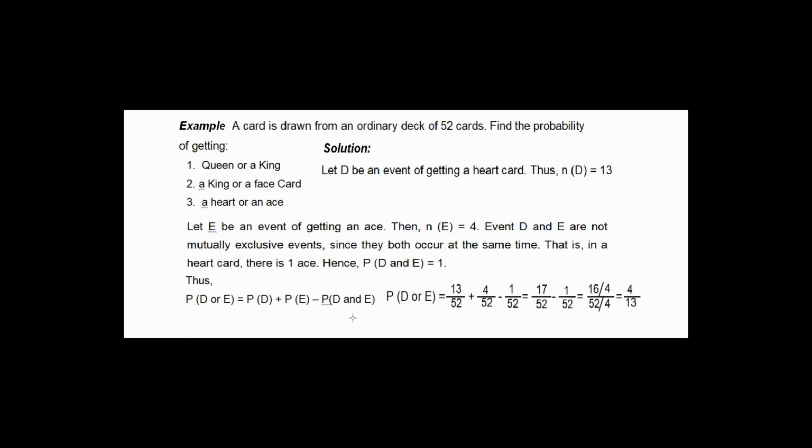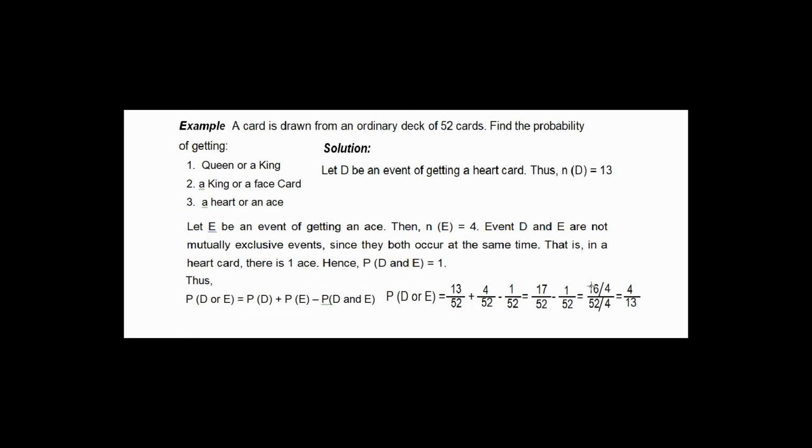This is the common because they are not mutually exclusive events, in which in the heart cards there will be one ace. So the value for P(D and E) is 1, so minus 1 divided by 52. So therefore, we add 13 plus 4, we have 17, and carry over the denominator, minus 1 over 52.